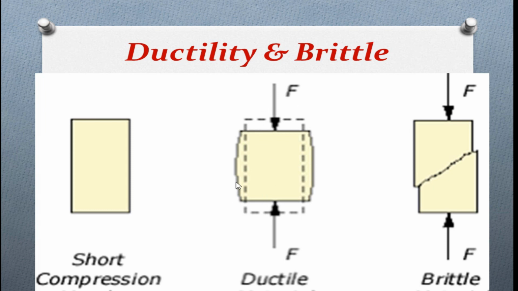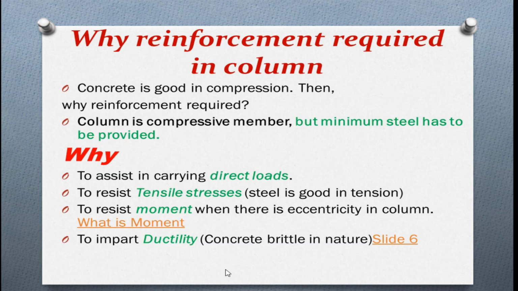It will slightly bulge, but it will not crack. If there is a ductile material, it will act like this. You can see the third one, the load is same, a force is applied on both the ends. If there is no steel, it will be cracked like this. If it is a brittle material, it will crack like this. So that is why we provide the steel.